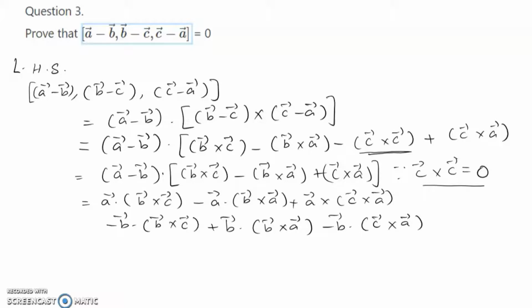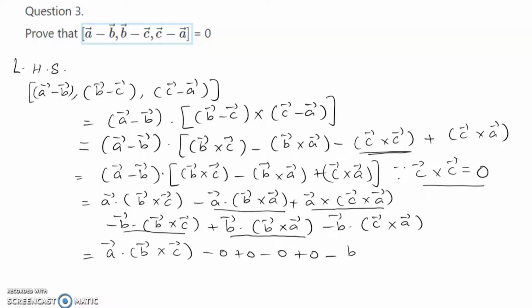Now all these terms, which is A dot B cross A, A dot C cross A, B dot B cross C, B dot B cross A, will become 0 because you have repetition of the same vector inside. So this will become vector A dot B cross C minus 0 plus 0 minus 0 plus 0, minus vector B dot C cross A. So you are left with two scalar triple products.